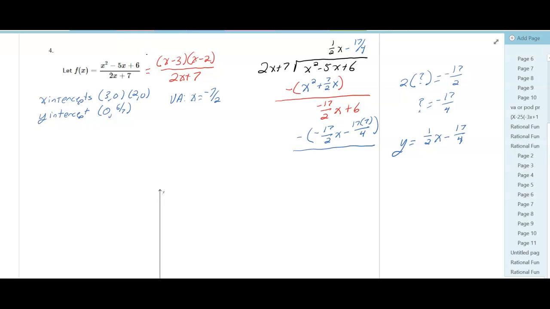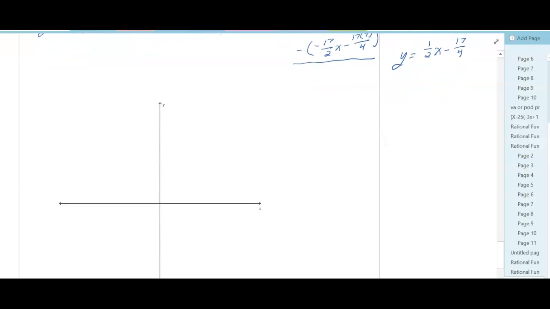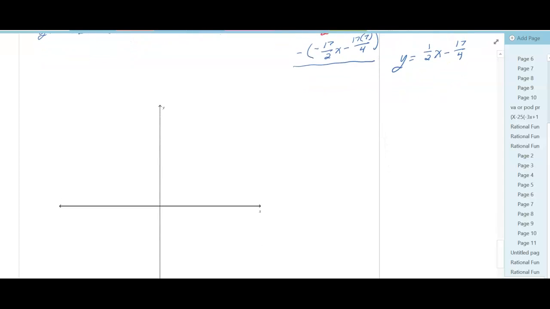So we got the vertical asymptote, we have the slant asymptote, we have the intercepts. So let's take a look at the graph. So 1, 2, 3, 4, so 17 over 4 is around 4.25.